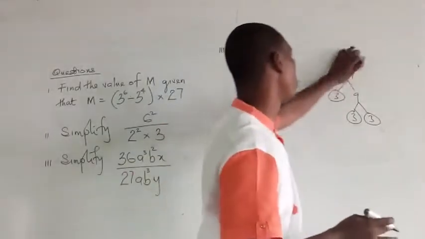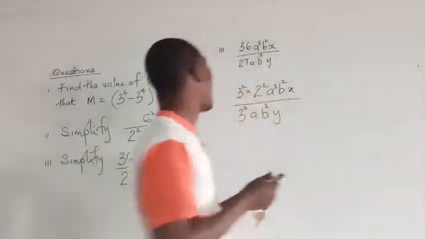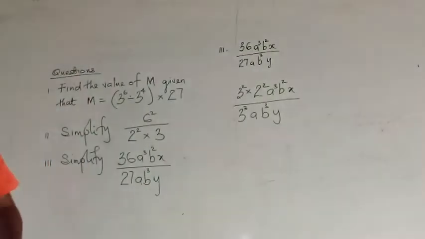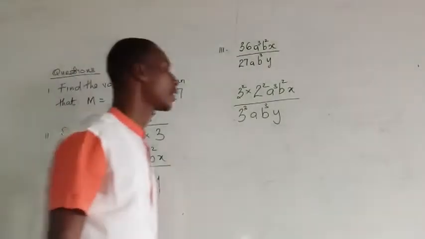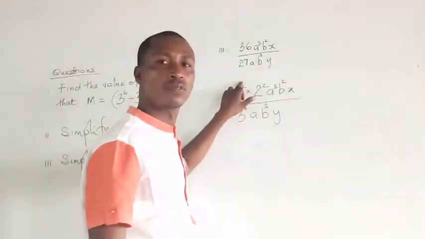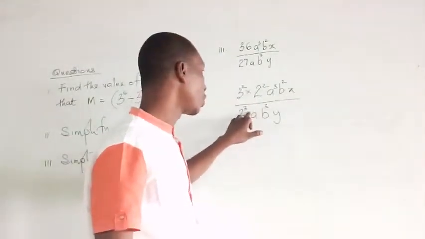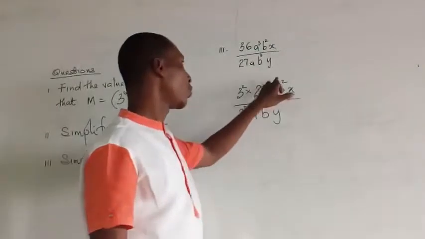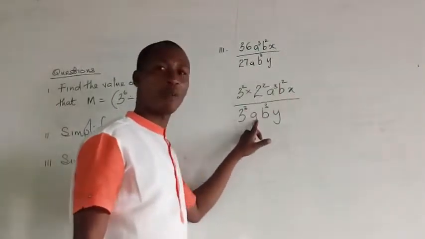Good. So we can now do this. Now we are going to look at like terms and cancel. Look at it here. This one is to the power 2 and this one is to the power 3. This is to the power 1.